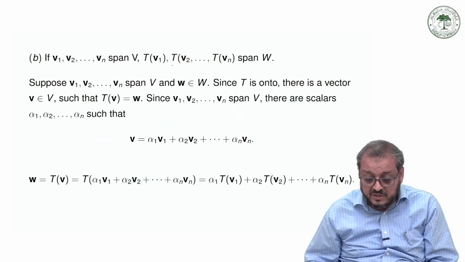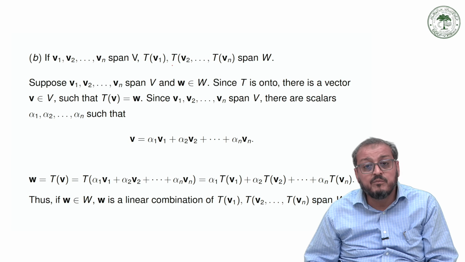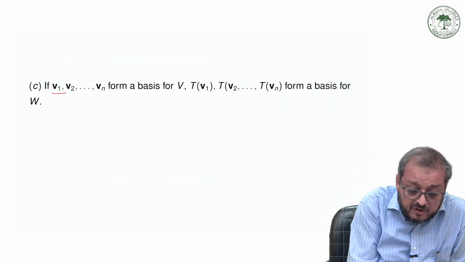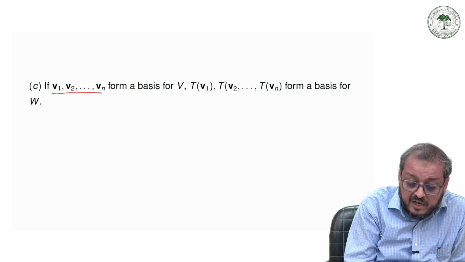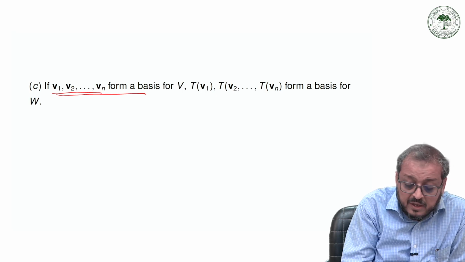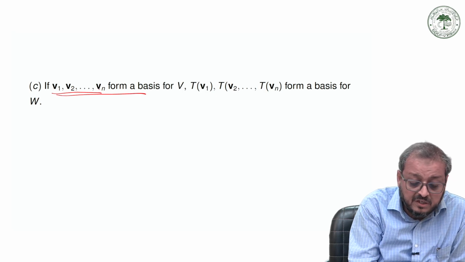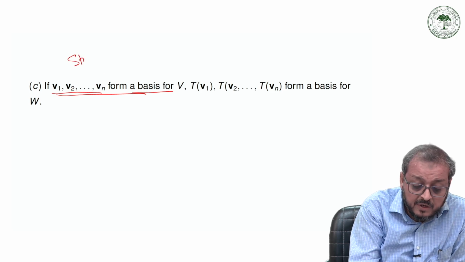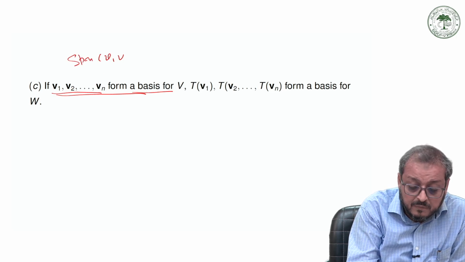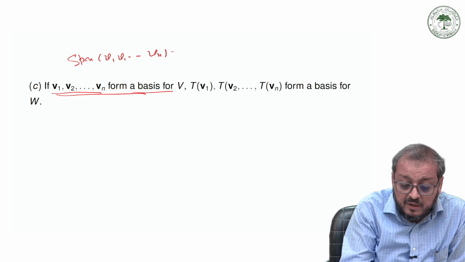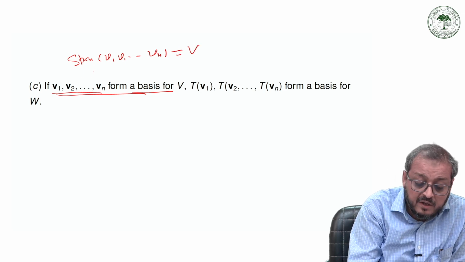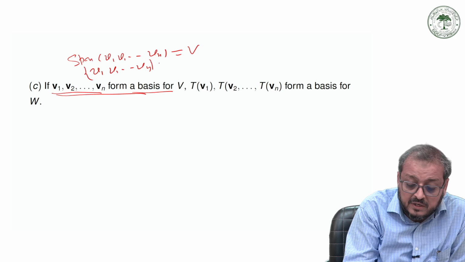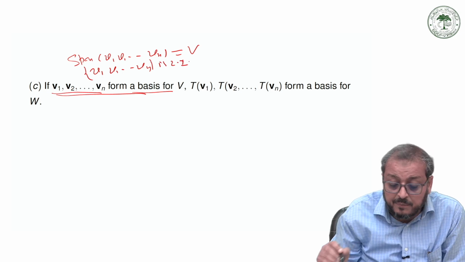So now, finally, if V1, V2, ..., Vn form a basis for V, this is clear by the definition. If V1, V2, ..., Vn form a basis of V, then the span of V1 up to Vn is equal to V, and the set V1, V2, up to Vn is linearly independent.